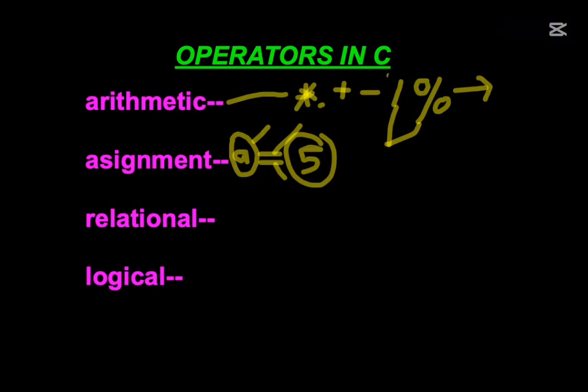Here it's going to go to the compartment in the memory labeled a, and store 5 in that compartment. That's why we call this assignment.